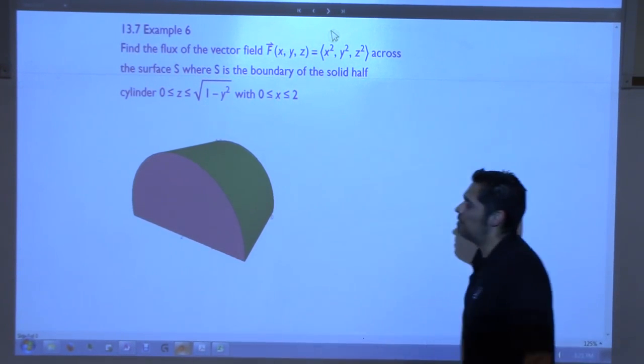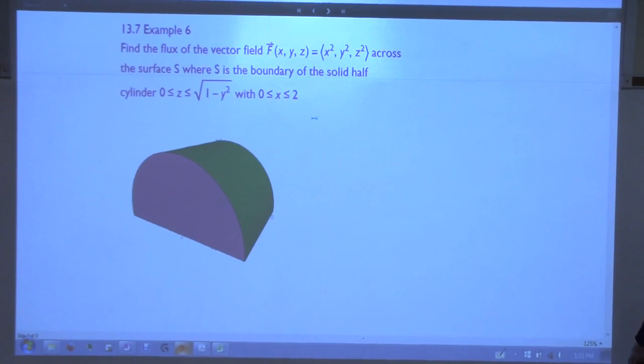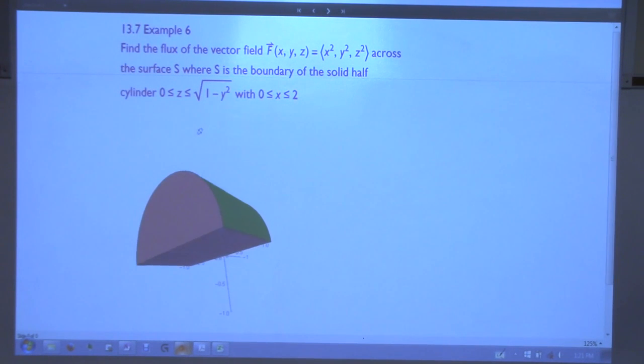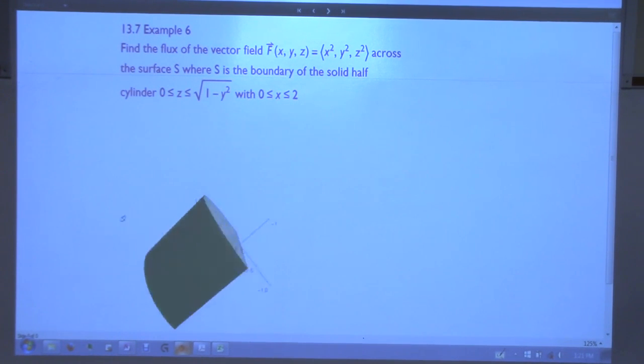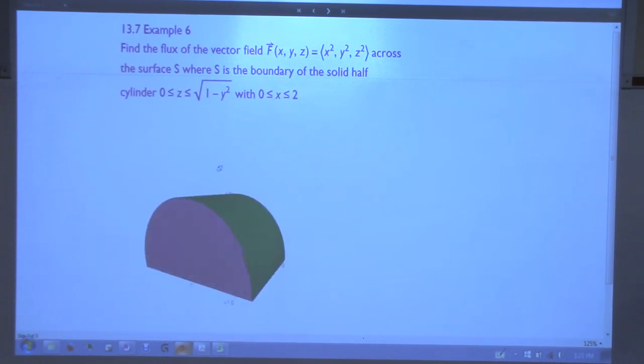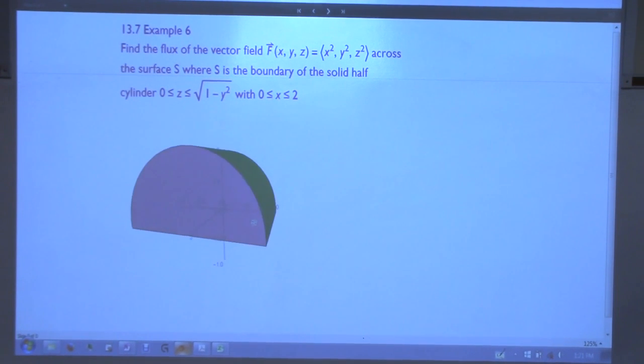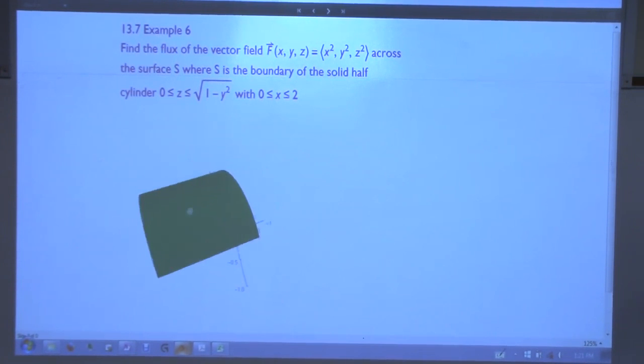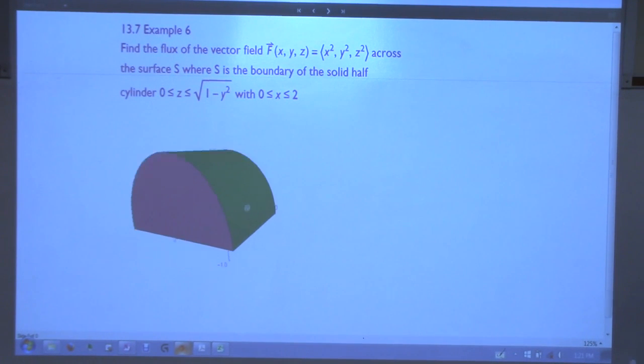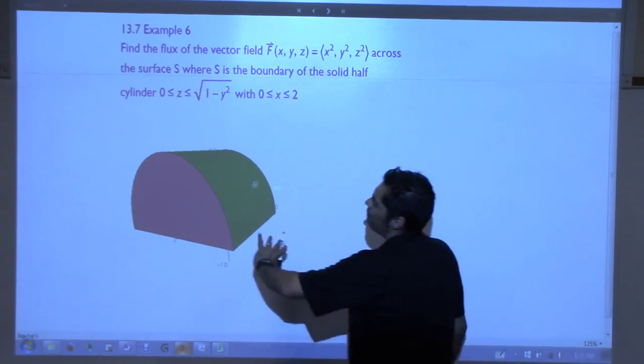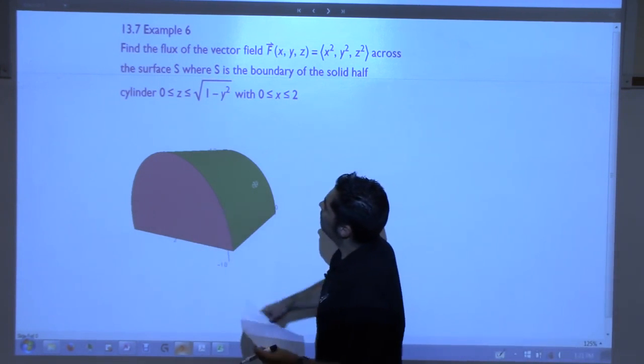All right, look at this object. You have a surface, looks like one of those aircraft hangars, right? All right, so we want to find the flux on this entire surface, S. S is the boundary of the solid half of the cylinder.